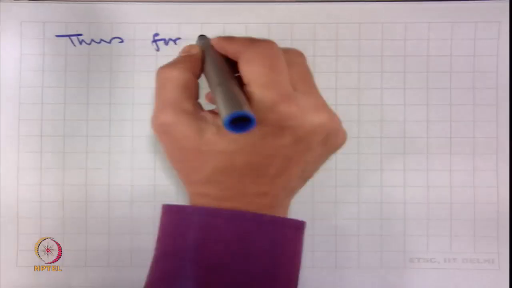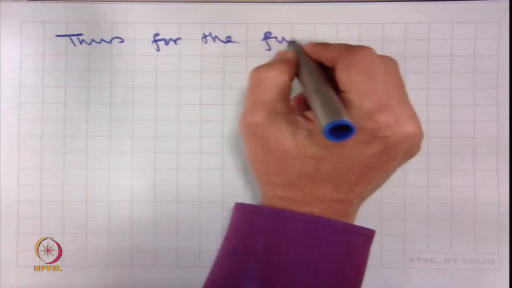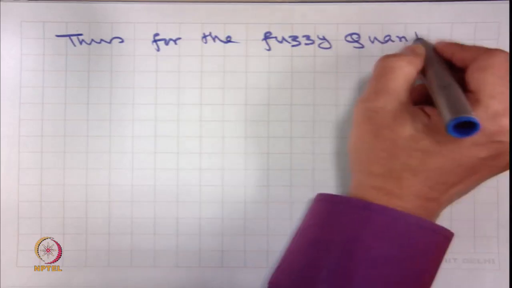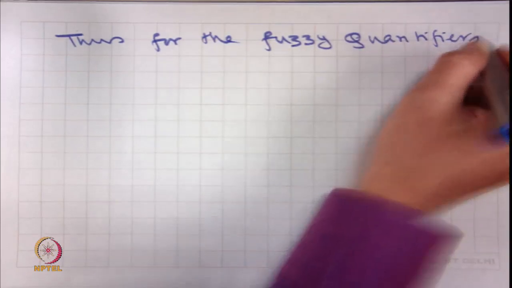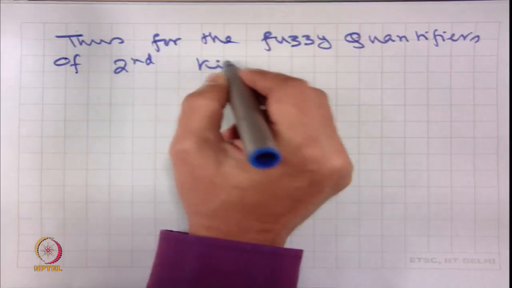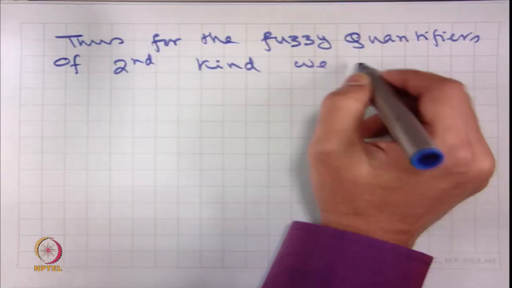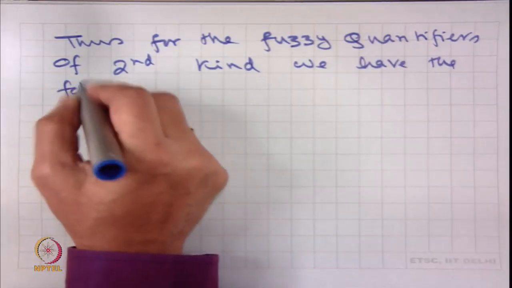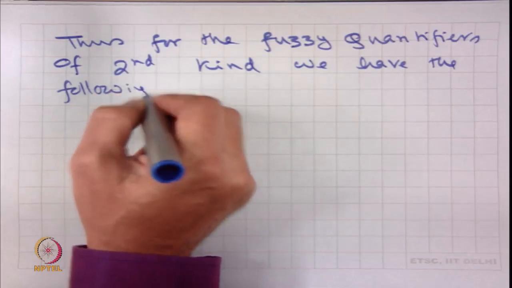Thus, for the fuzzy quantifiers of second kind, we have the following canonical form.